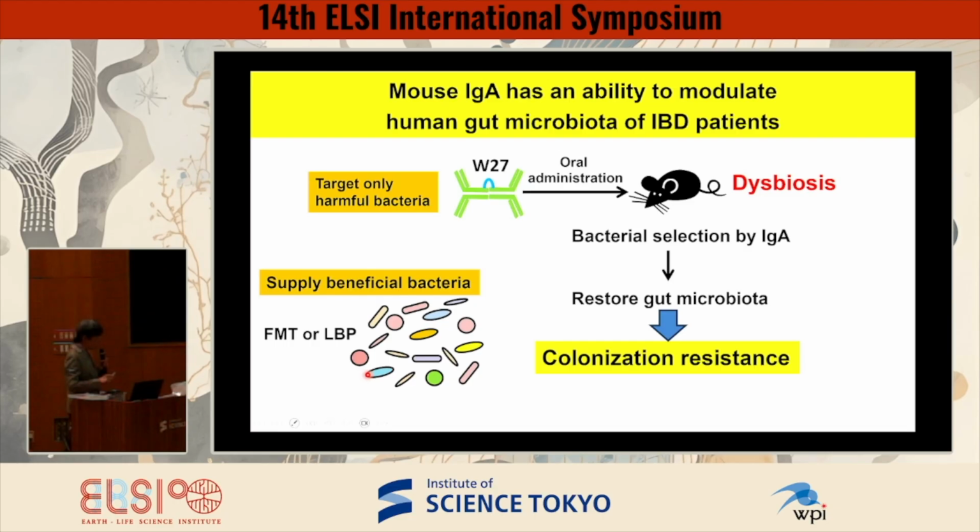And this is called colonization resistance, because the W27 treatment does not break the beneficial bacterial colony. If the beneficial bacteria exist in the gut microbiota, some harmful or pathogenic bacteria cannot grow well because of their interactions.